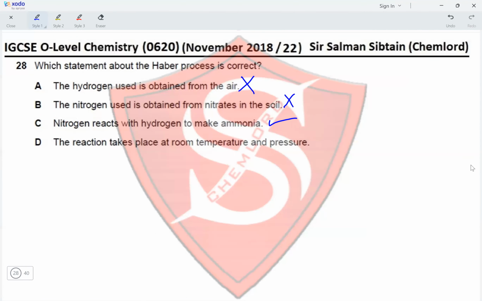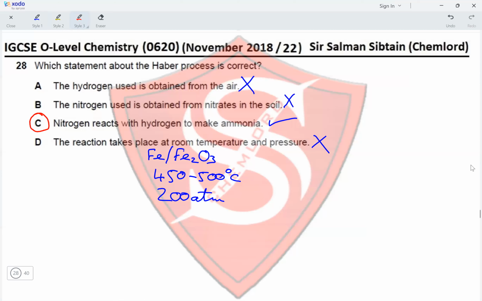The reaction takes place at room temperature and pressure. No, the operating conditions for the Haber process are the presence of iron or iron(III) oxide as a catalyst, a temperature of 450 to 500 degrees Celsius and a pressure of 200 atmospheres. So this is also incorrect. Therefore, option C is the correct option for this question.